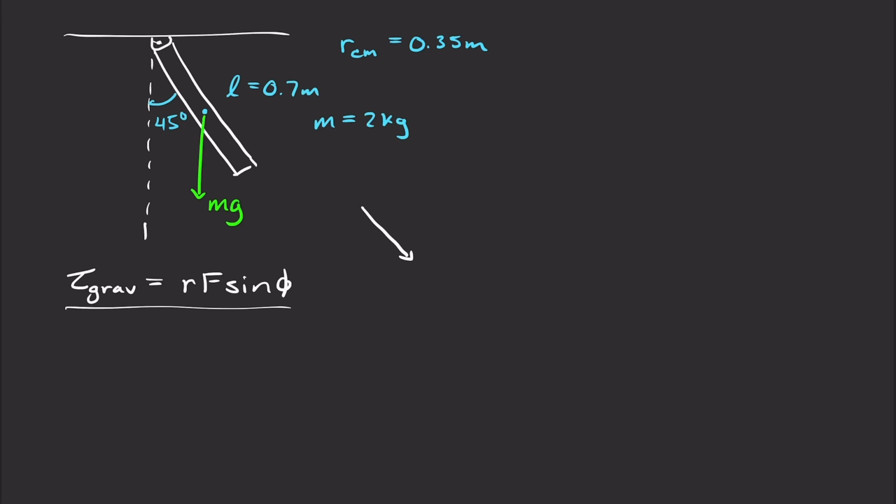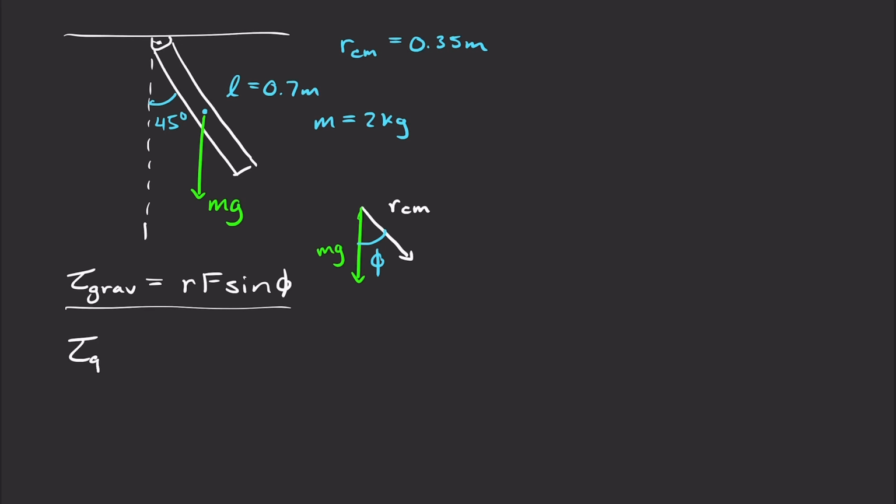So from the pivot to the center of mass. So this is my R CM. And then the weight, which is going to be my force, is going straight down, so I want to draw that from the same point. And then this is the angle phi that's between them. So the angle that's given turns out to be the angle phi that I'm looking for.